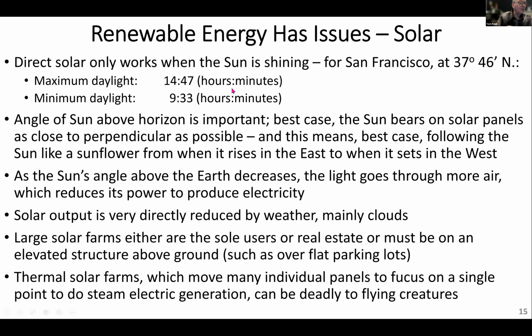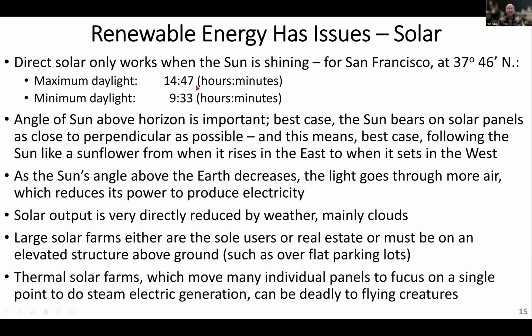Okay, now getting into renewable energy, we have a lot of issues. The key one for both solar and for wind is they don't work all the time, and you don't know when they will work. Direct solar obviously only works when the sun is shining.